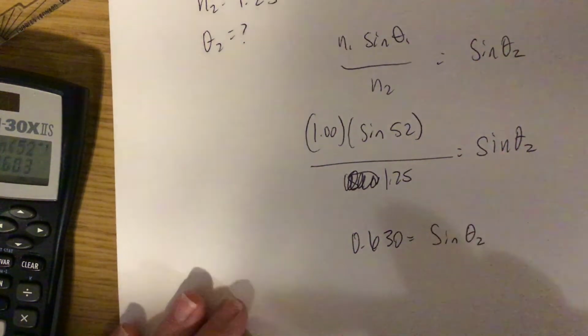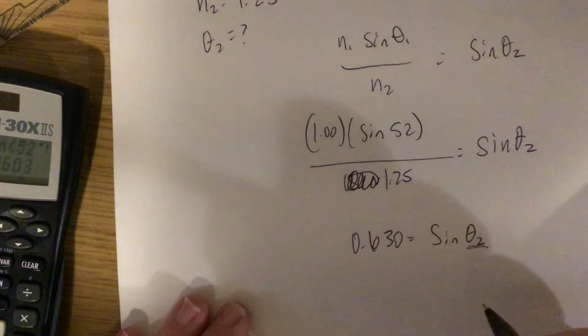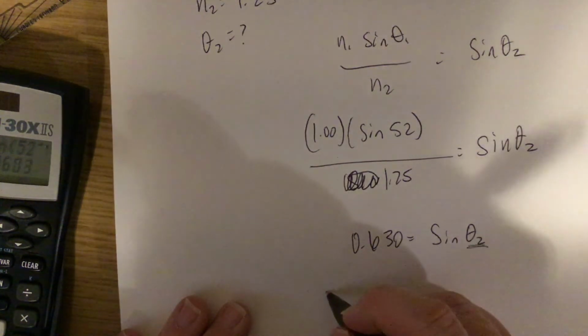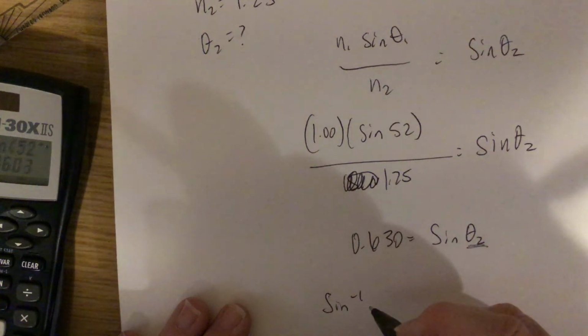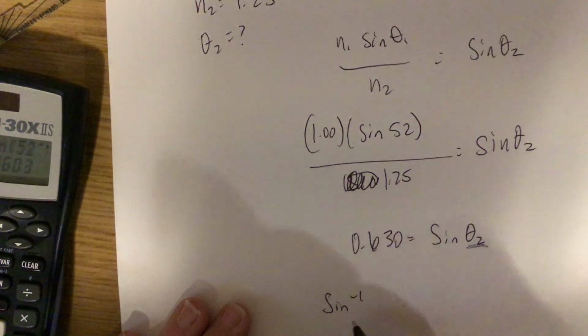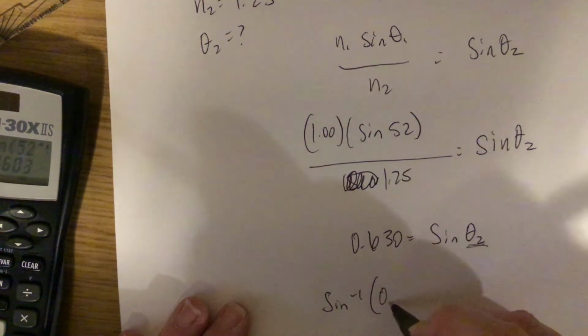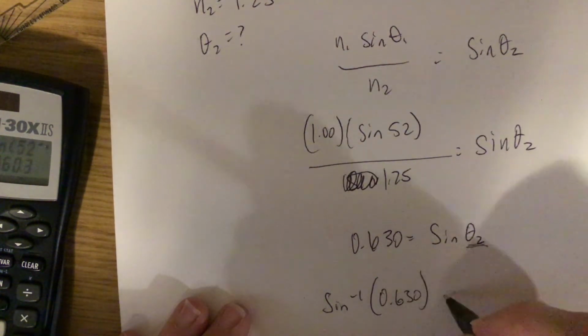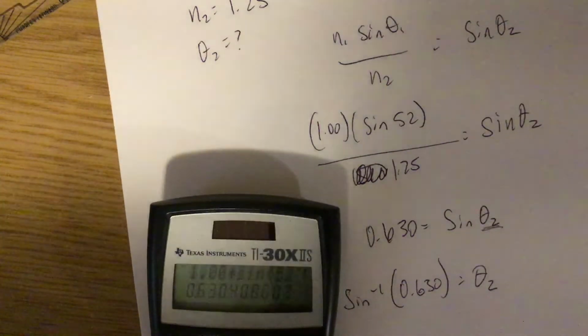Well, that doesn't give us our final answer yet because we need to know what theta 2 by itself is. So to get that, we'll say the inverse sine, and in most calculators, it's pressing the second button or the inverse button, then the sine button. It'll show up like this, sine minus 1. And then we put our number in here, 0.630 will equal our theta 2. So we'll do that in this calculator.